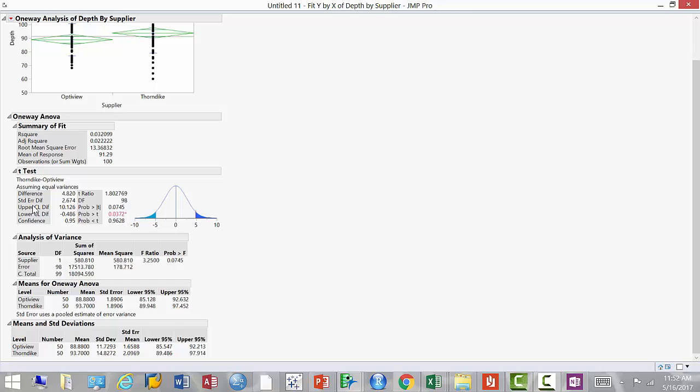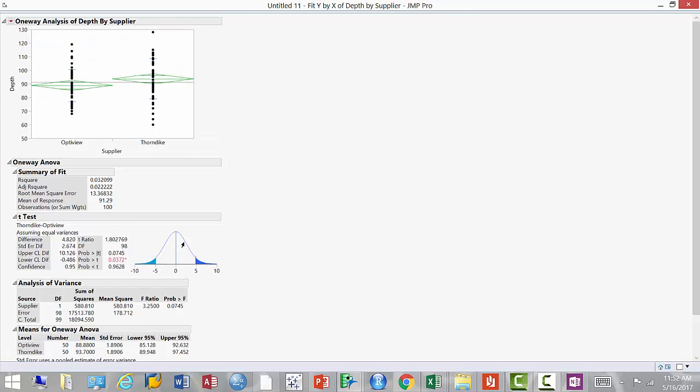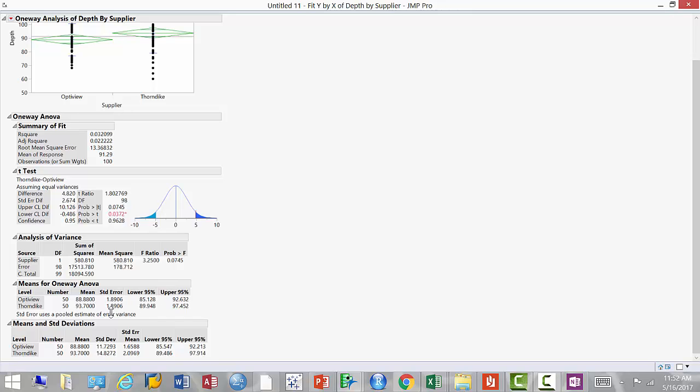Well, the easy way to see if variances are equal or not is to look at the standard deviation, really, right? Variance is very closely linked with the standard deviation. So let's take a look, do we still have a numerical summary somewhere here? Yeah, means and standard deviations. You see that? For OptiView, standard deviation was 11.73, right? For Thorndike, the standard deviation was 14.82.